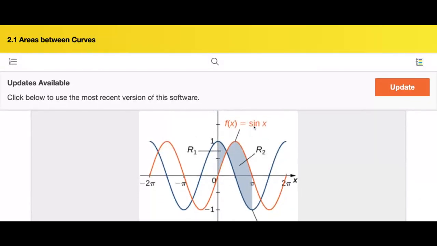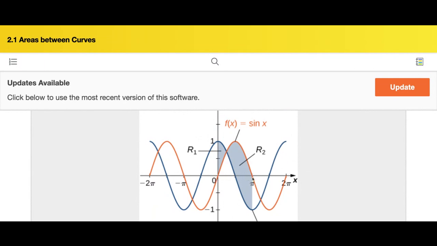So we draw the two graphs, sine and cosine. We have the sine graph, right? The blue one is the cosine graph. Sine and cosine are exactly the same, but just off by pi over 2 units.